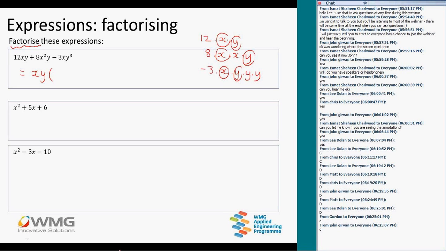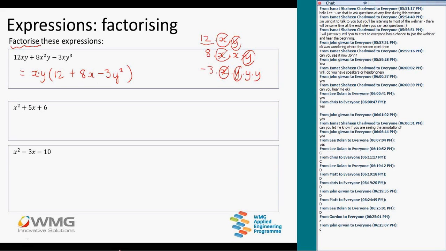And if I take out xy as a common factor, I'm left with x. And if I take out xy as a common factor, I'm left with minus 3y squared. Nothing else is common to any of these. I've removed the common factors, so we've factorized the expression now.